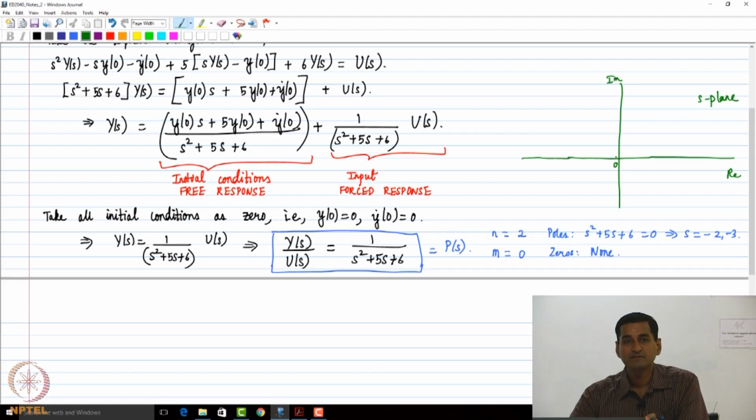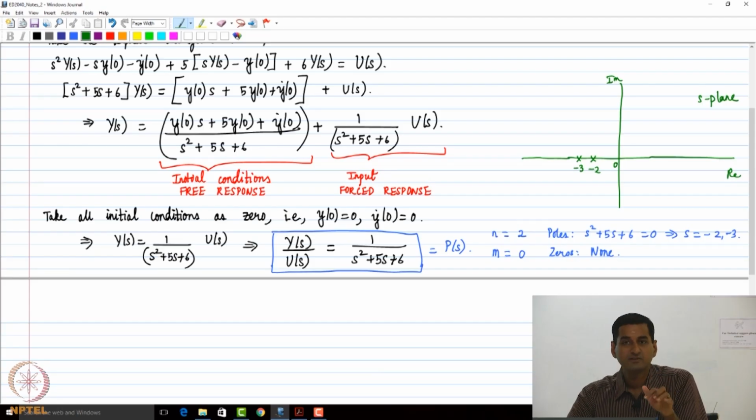Poles are denoted by a cross, an x sign. If I want to locate minus 2 and minus 3, I can locate them on the negative real axis of the complex plane.